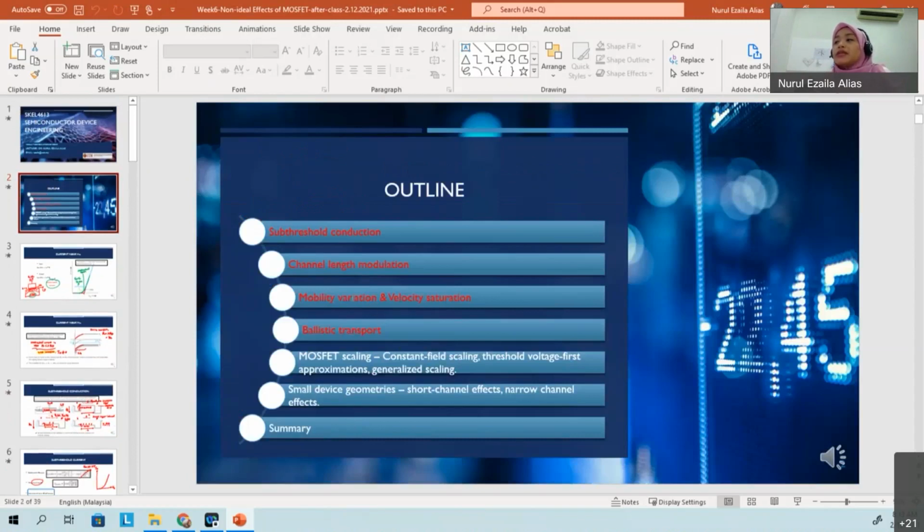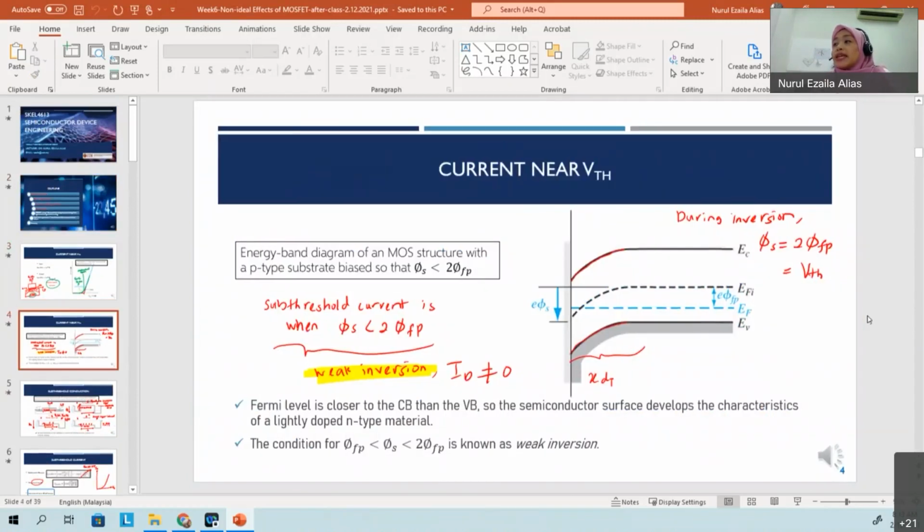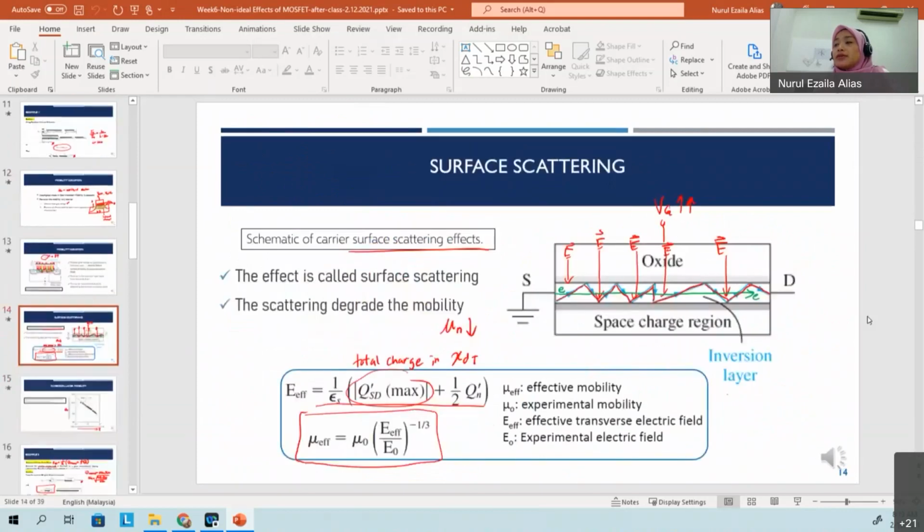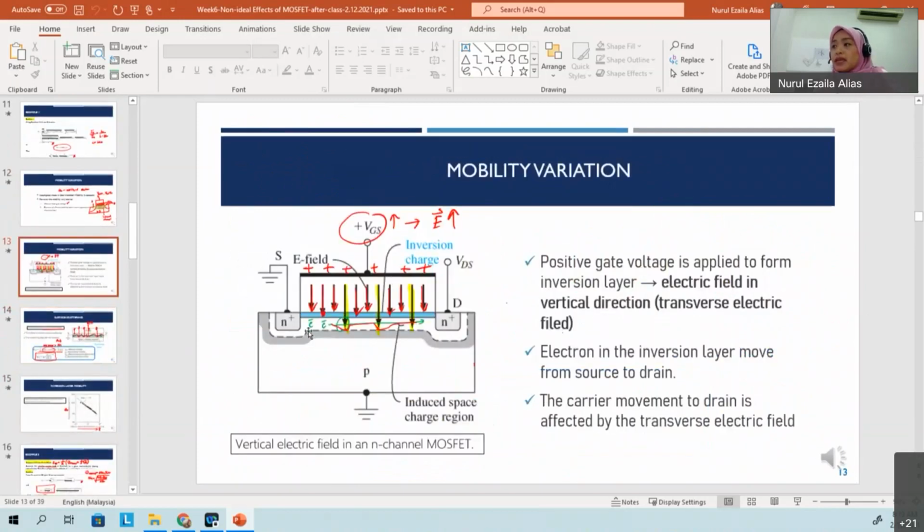Mobility variation. Mobility means how mobile. When the channel is created underneath the oxide, the electrons start flowing from source to the drain. Mobility of electron means how mobile this electron moves from source to the drain, how fast.